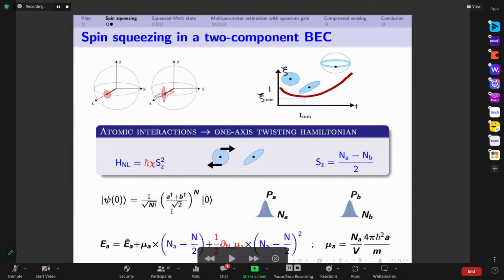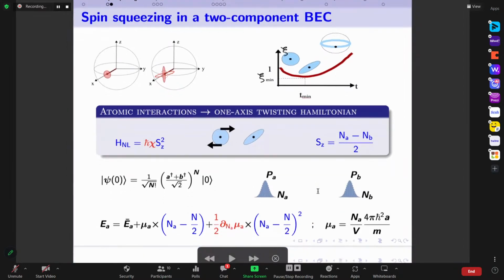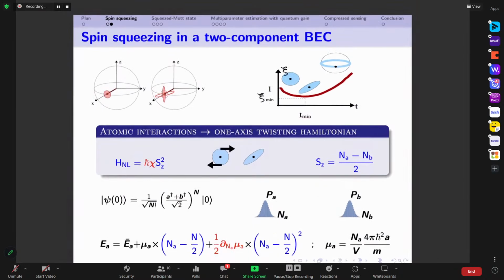We can expand this state over the Fock states, that are states with an exact number of atoms in A and B, and we see that we have some probability distribution in A and B. And if we now write the energy, for example, we imagine that the two components A and B do not interact, the energy is the sum of the two, and we write the energy of the atoms in internal state A, we expand it around the mean atom number Na, which is n over 2, total n over 2.